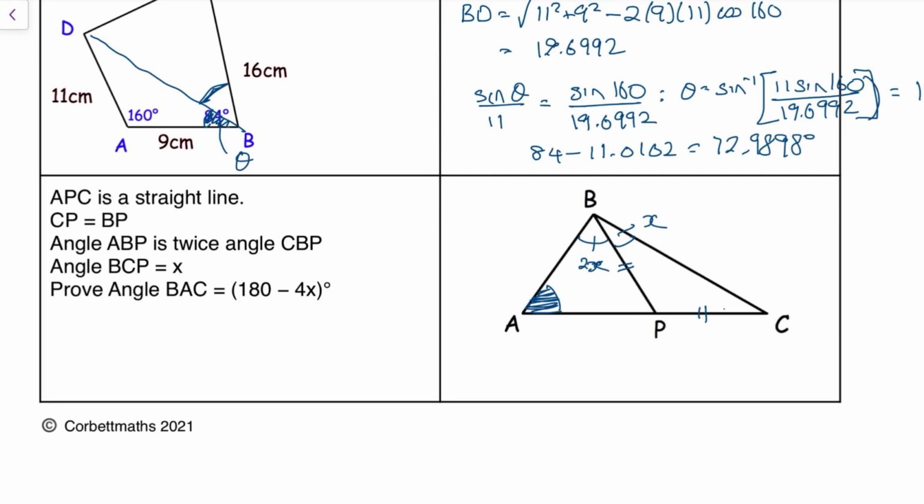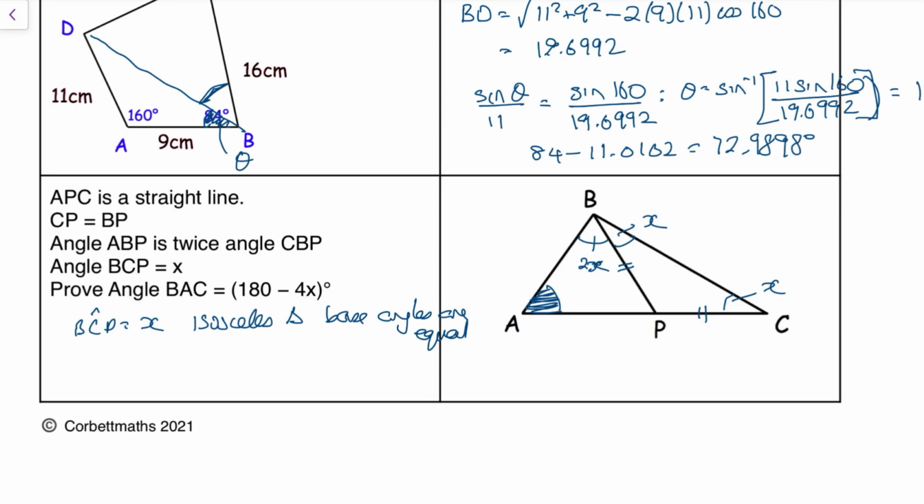So what I'm going to do is I'm going to say, first of all, that this is x. I'm going to argue that angle BCP, so BCP is equal to x. And it's not just isosceles, it's because isosceles triangle and base angles are equal. And it's the base angles bit that matters, not just the word isosceles. And actually don't draw a triangle either, just write the word triangle.